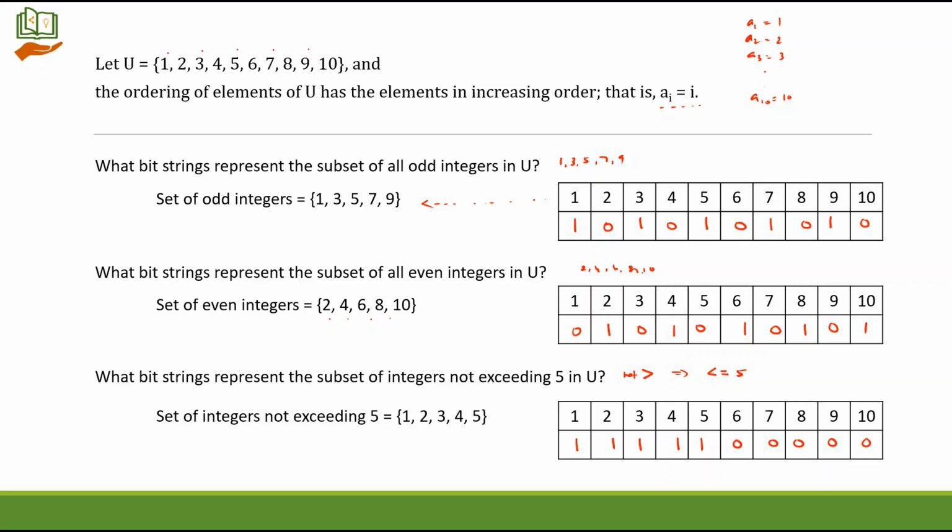The answer for this question is the representation, because they are asking what bit strings represent it. So the set of odd integers in bit string is 1010101010.